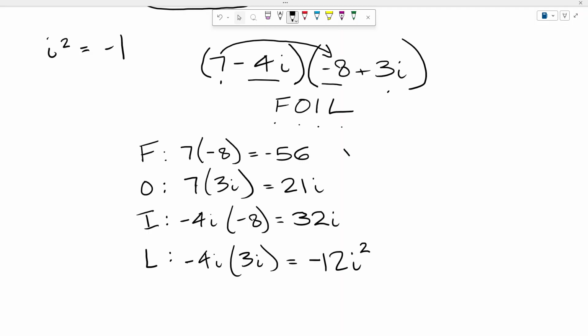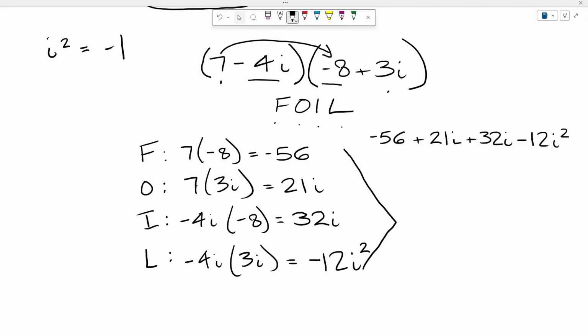So now let's put this together. So we have -56 plus 21i plus 32i minus 12i squared.